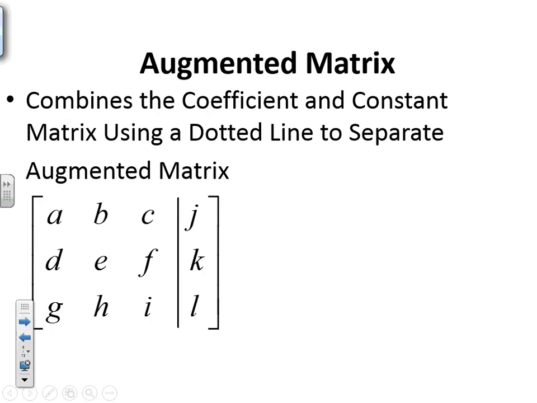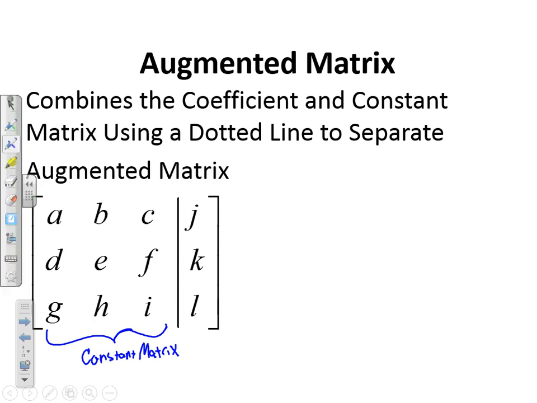All right, so this last thing that you're seeing here is what is known as an augmented matrix. An augmented matrix is taking the constant matrix and putting it together with the, oops, I wrote that backwards. Not the constant matrix, this is the coefficient matrix.